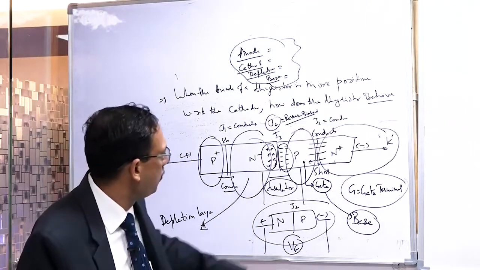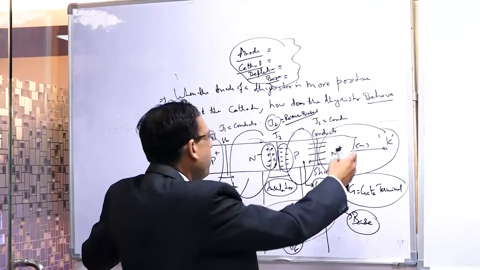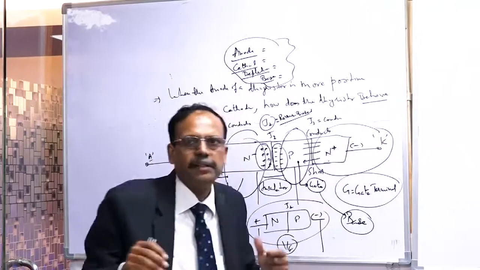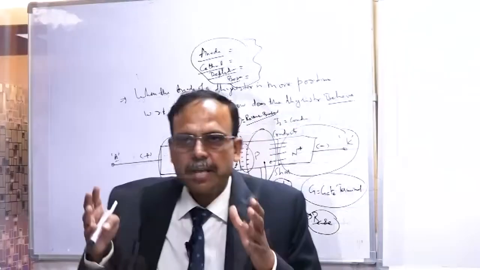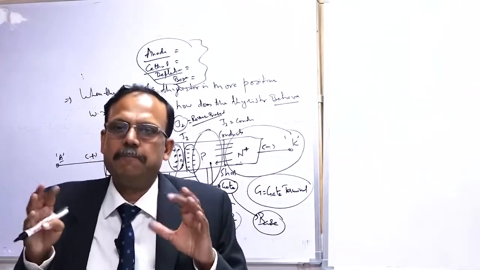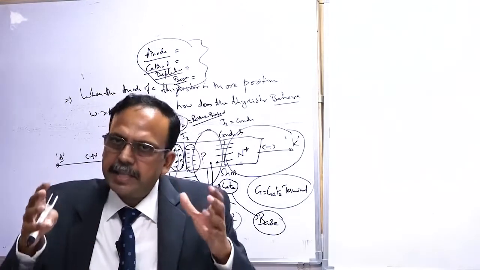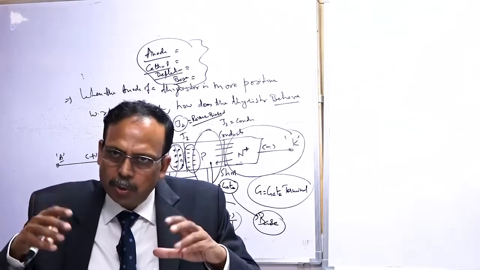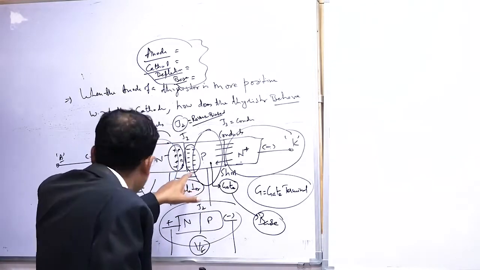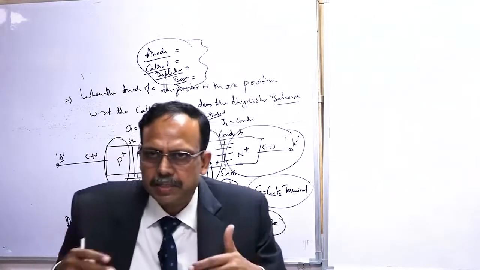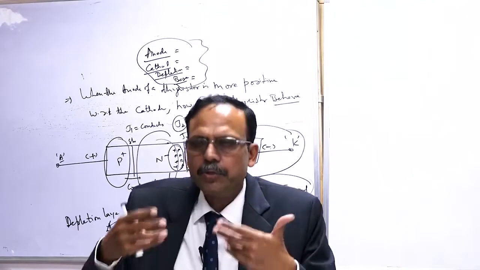Why do we call it base? Because when it is forward biased, it acts as two transistors, one PNP and one NPN. These are connected, and I am going to explain how, when the gate signal is triggered here, the thyristor conducts.